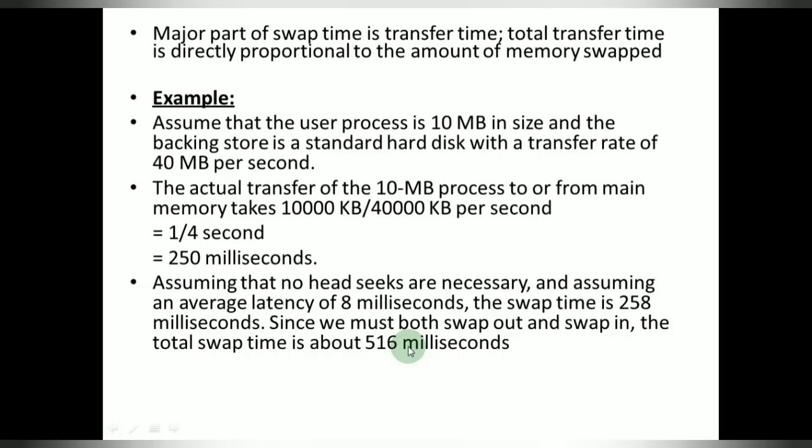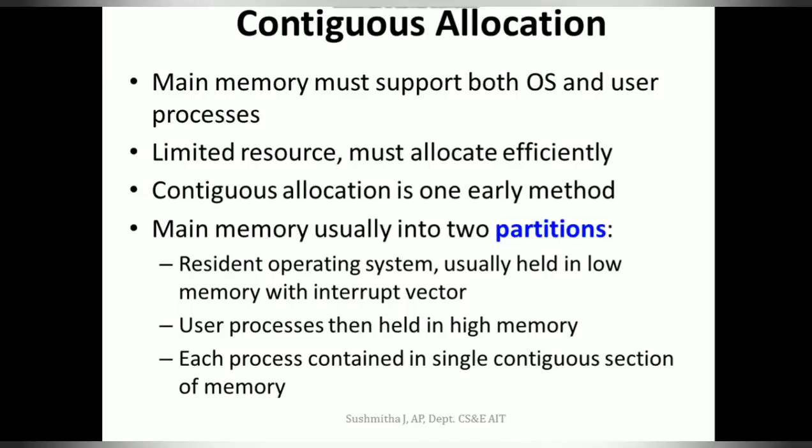Process P1 was swapped out. In the near future, process P1 is called back again, and 4 seconds are wasted. So we should make sure that when we swap out a process, it is completely idle. Now let's see about contiguous memory allocation.